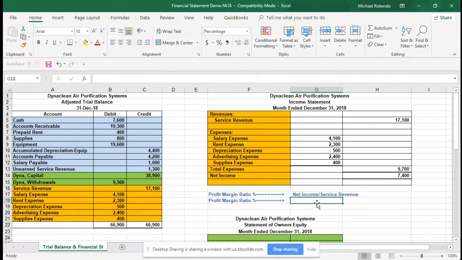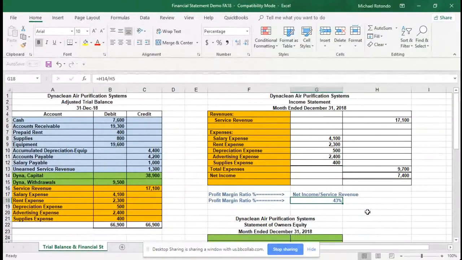So if we take the $7,400, the net income, and we divide that by service revenue, okay, we come up with 43%. So out of every dollar this company earns in income or revenue, it gets to keep 43 cents.